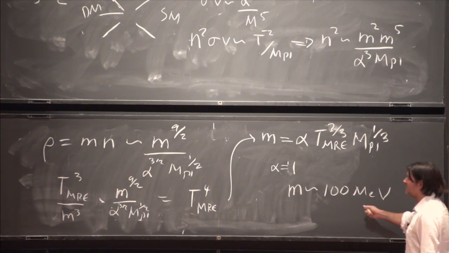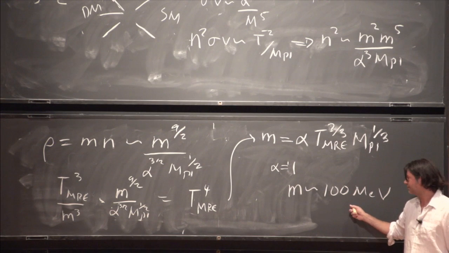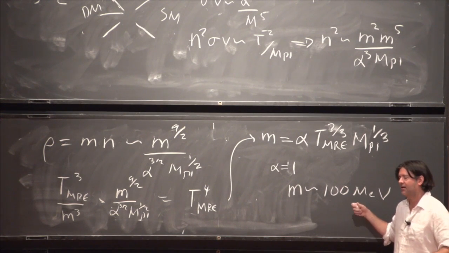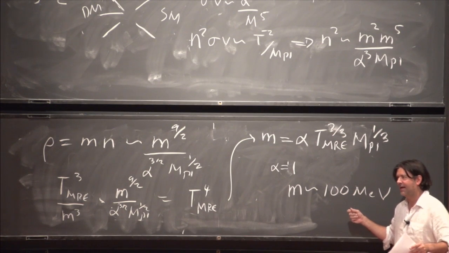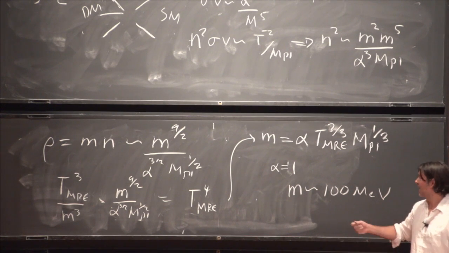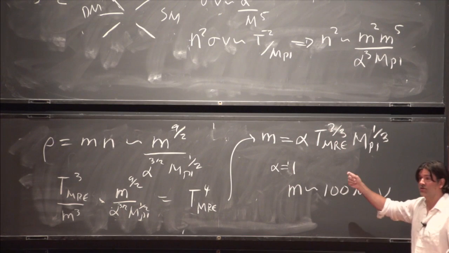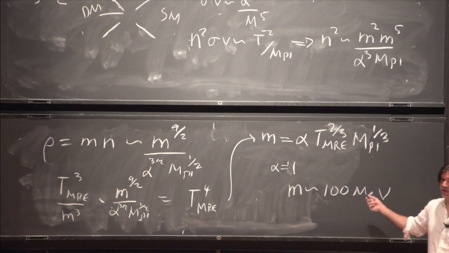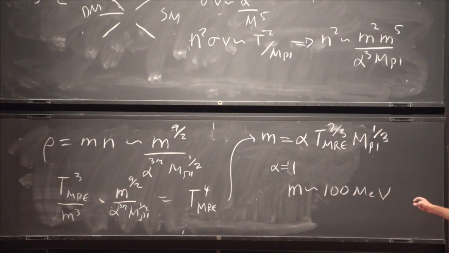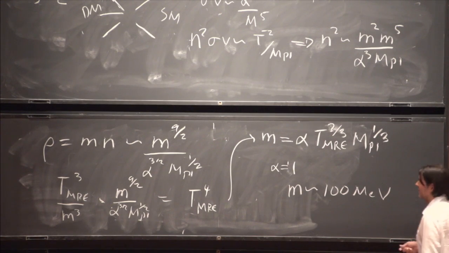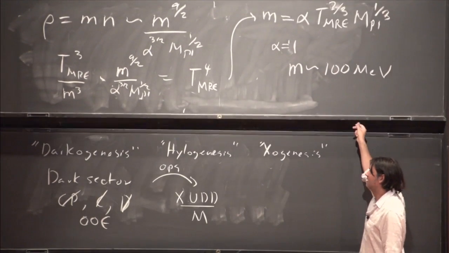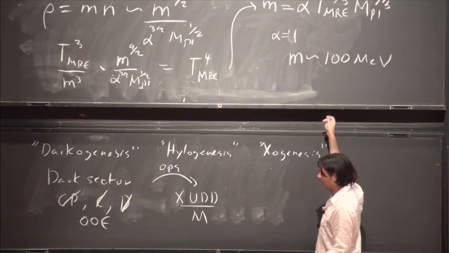Remember, this is an interesting scale because this particular scale is one where you have naturally scattering processes that can be relevant. If you have an annihilation cross-section which is like this, you also can expect to have scattering cross-sections which are characterized by the same scale. And if so, we know that this scale, remember, is roughly equal to 1 centimeter squared per gram, which is the relevant scale that you need to do things like change your galaxy cores and address the too big to fail problem and things like that.